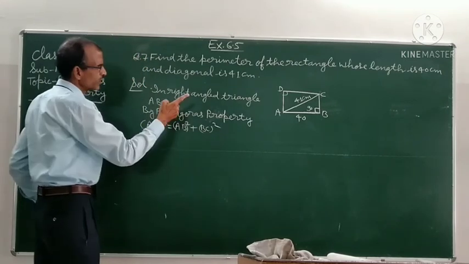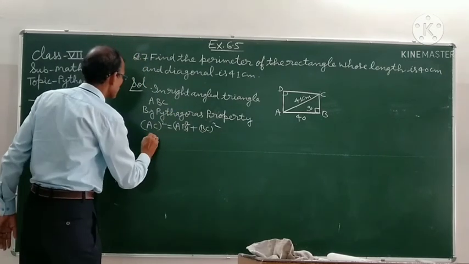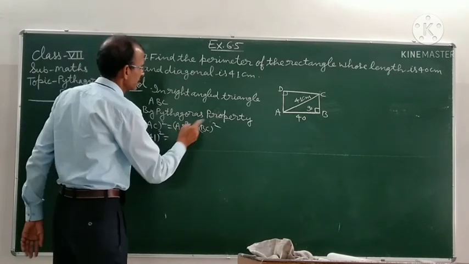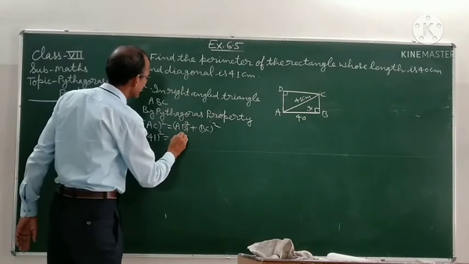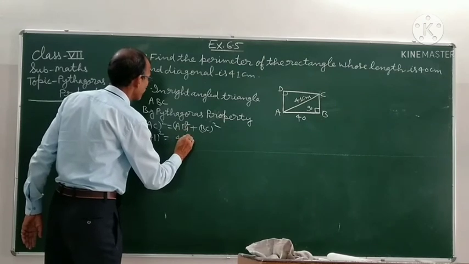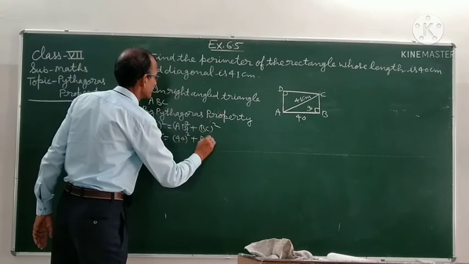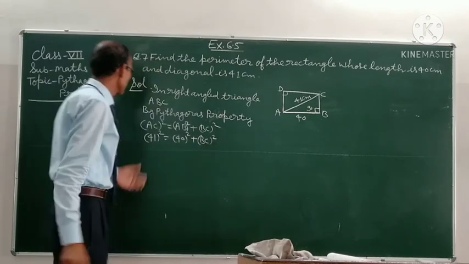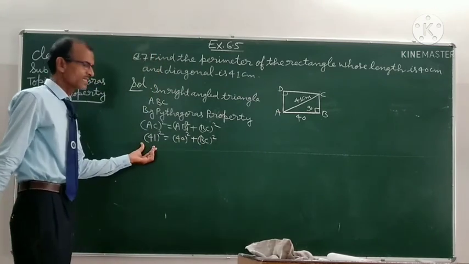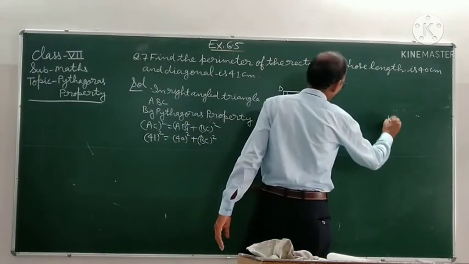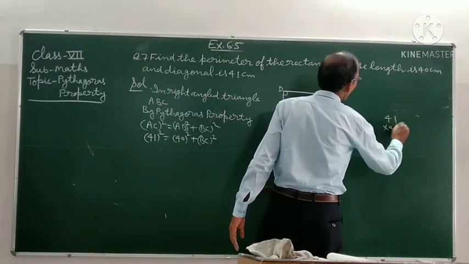AC is given 41 centimeter, so square of 41 is equal to AB, given 40 centimeter, square of 40 plus square of BC. Square of 41 means 41 into 41.